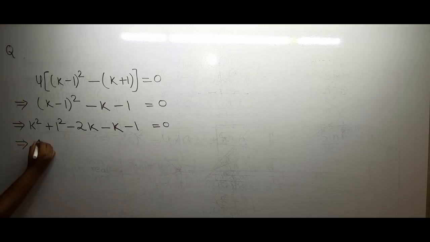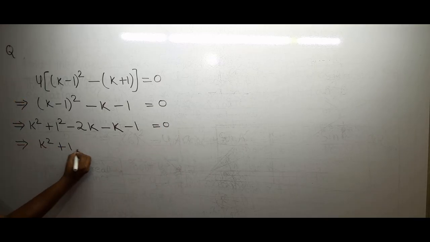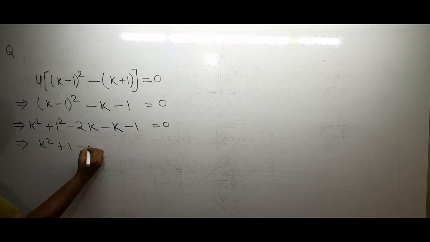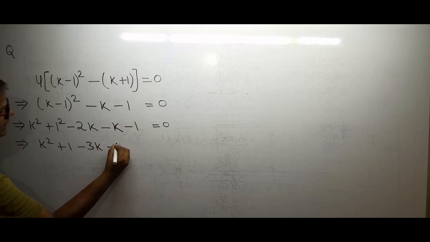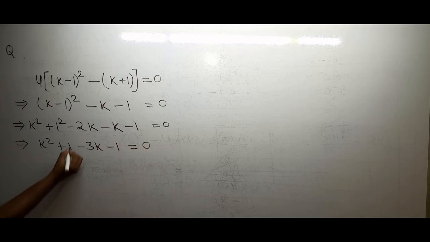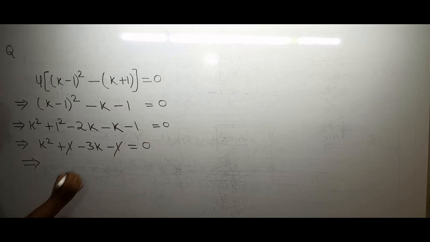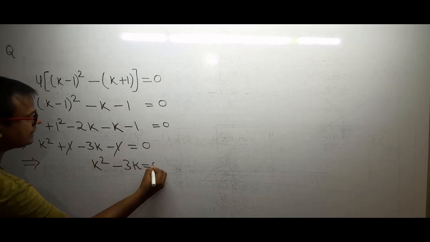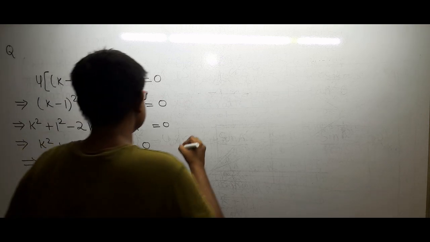So this is k² + 1 − 2k − k, which is −3k − 1 = 0. The 1 and −1 cancel, and we get k² − 3k = 0.